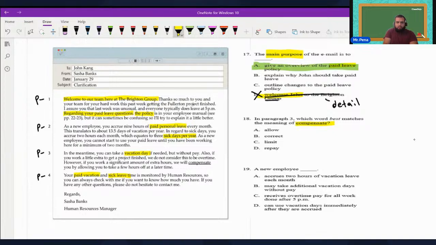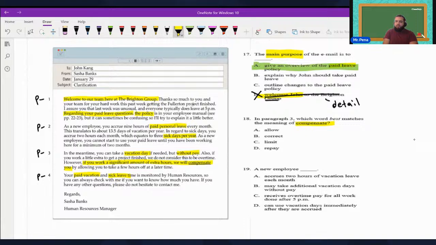It says, if you work a significant amount of extra hours, we will compensate you by allowing you to take a few hours off at a later time. It says without pay. Vacation day without pay.